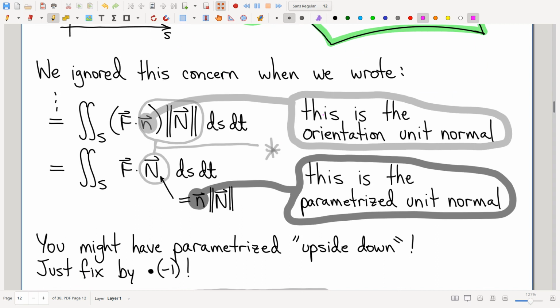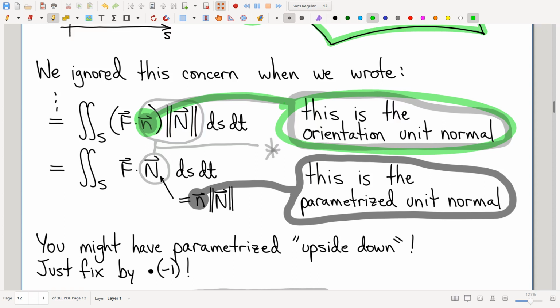And reproducing the relevant equations from the previous page, this right here, that's the orientation unit normal. This comes from whatever it is that we're given about the surface right here. Right? This is beyond my control. This is something that I have to follow. I don't get to make this.